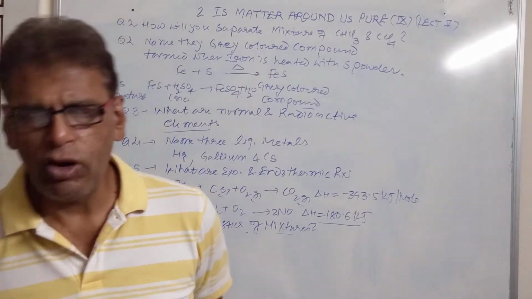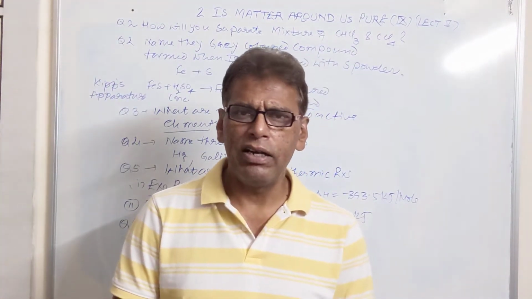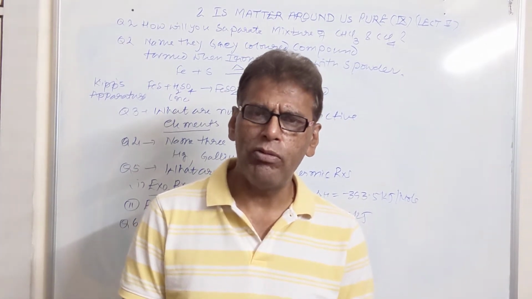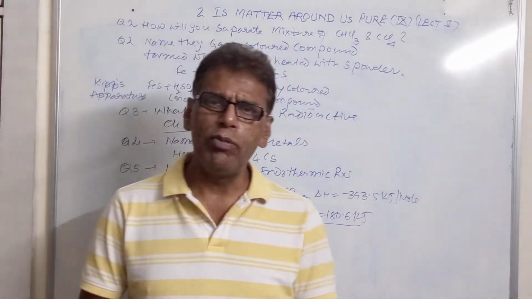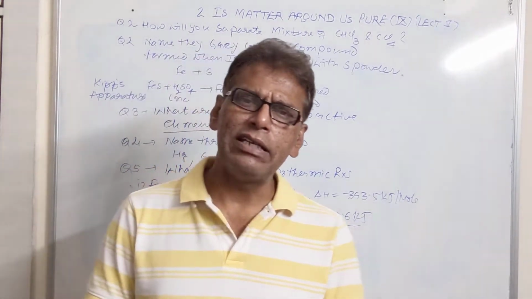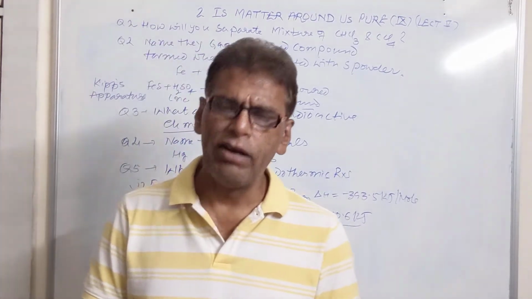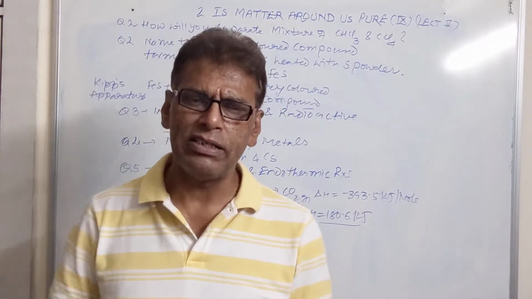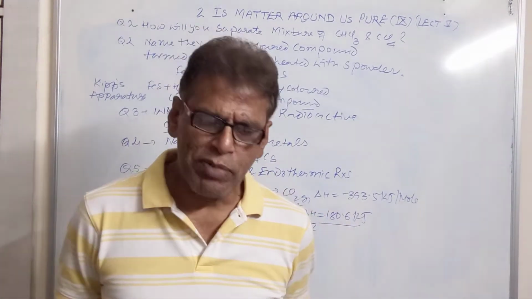How can the components of air be separated? This is our next question. The air contains mainly nitrogen, 78.2% by volume, and 20% oxygen. Along with this, it has carbon dioxide and the noble gases argon, krypton, xenon and radon. All of these gases can be separated by fractional distillation of liquid air. First of all, the air is liquefied, then it is subjected to fractional distillation, where we get different fractions at different temperatures.